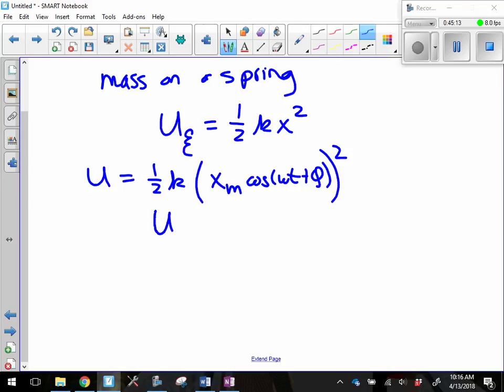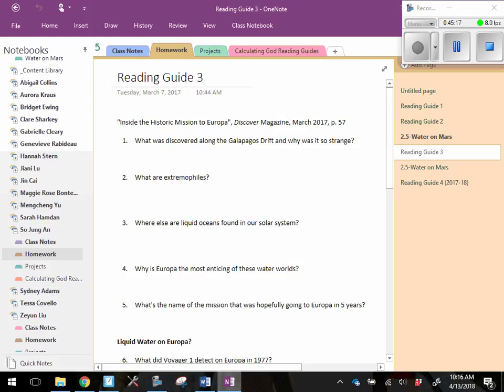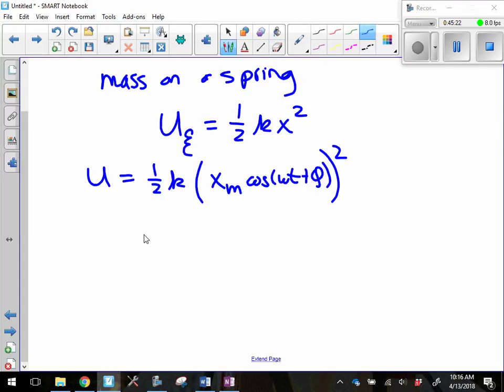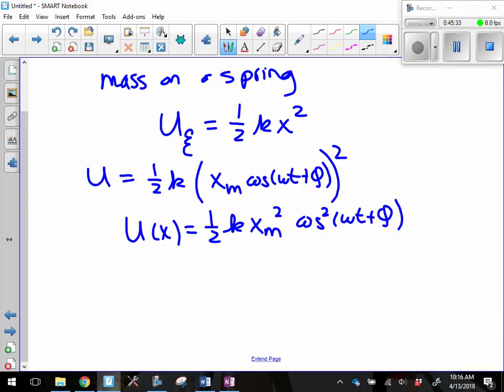So U of x is going to be 1/2 k x_m squared cosine squared(omega t plus phi). Right?